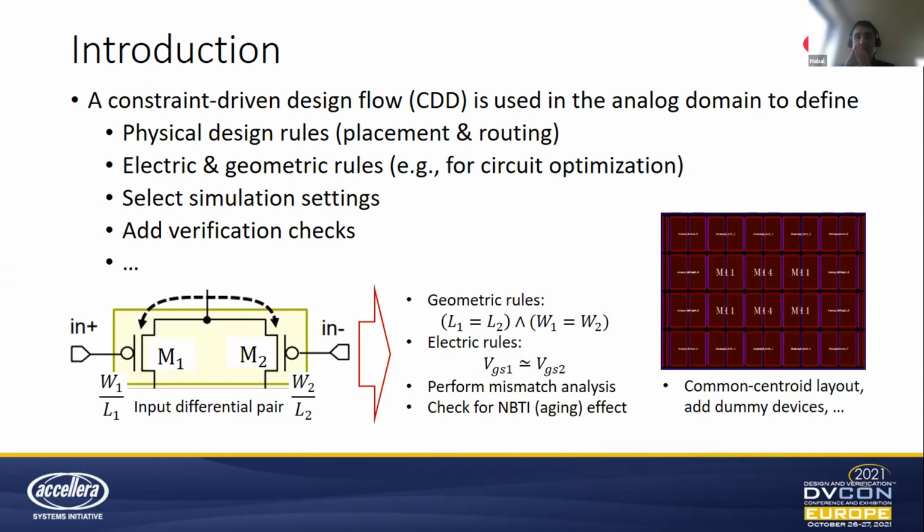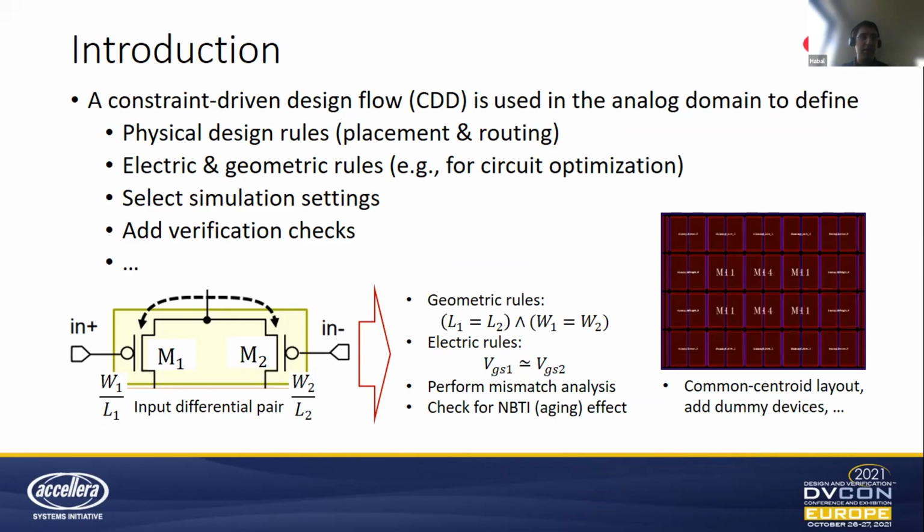That is, we use constraints or rules in a formulated manner to control or to convey information to our automation tools, whether they are vendor tools or in-house scripts or programs, or to our designers, usually the physical designers, such as the layouters. These rules are usually specific to each type of circuit structure.